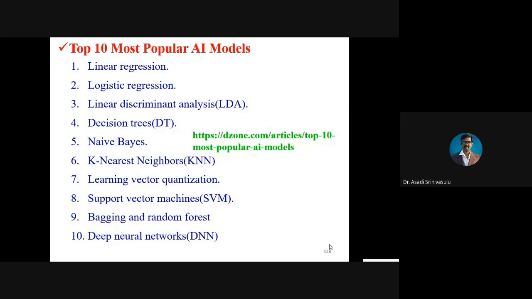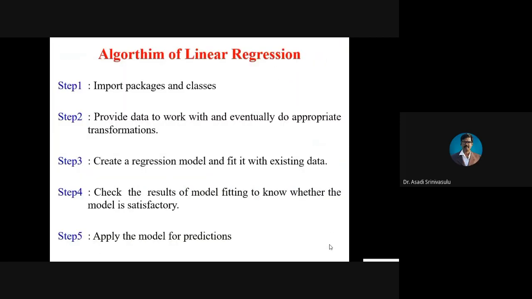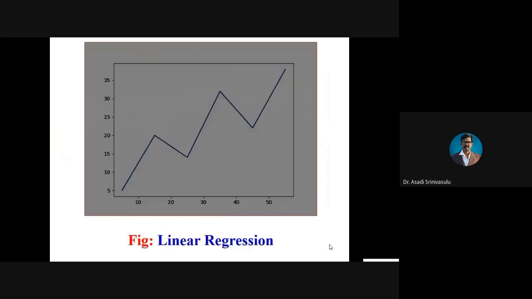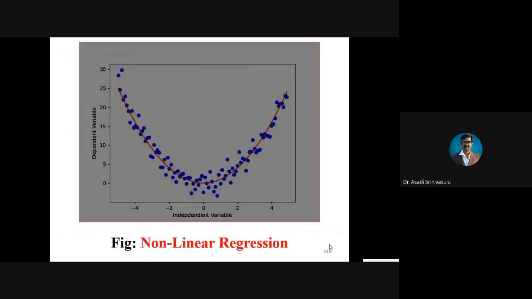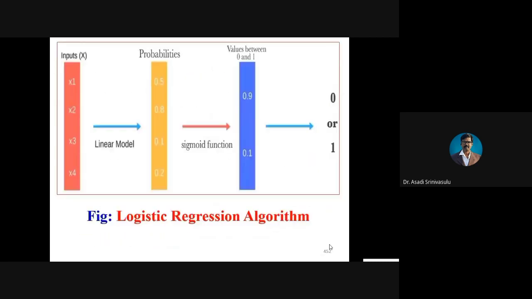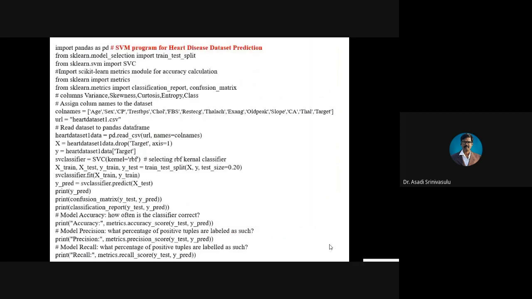I'm showing the execution part. Top 10 algorithms I'm showing right now. So this is multiple linear regression, non-linear regression. This is the output I have generated right now. And see, this is support vector machine. Support vector machine is for the heart disease data set. Now I am going to execute this heart disease data set prediction. I have collected the data set from Kaggle, GitHub, and the UCI repository, and now I am going to demonstrate this.